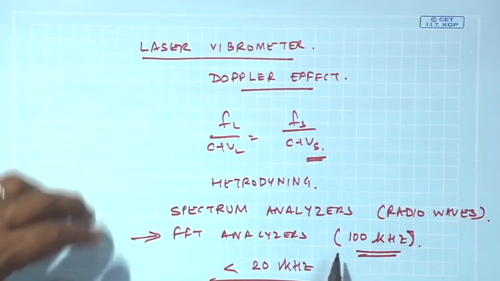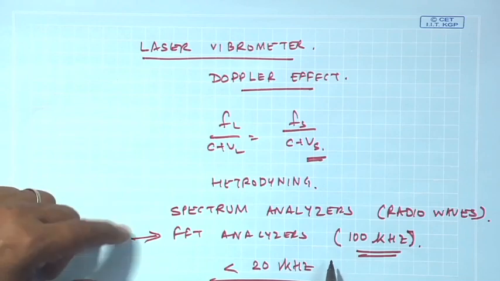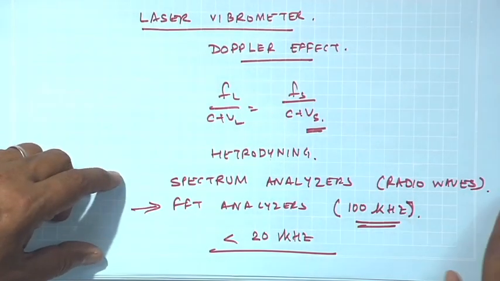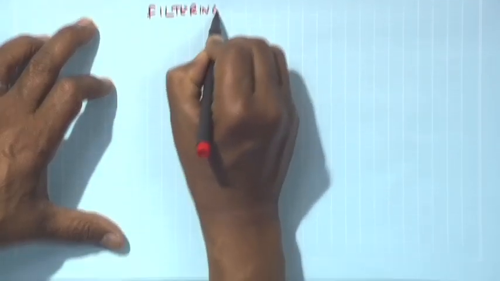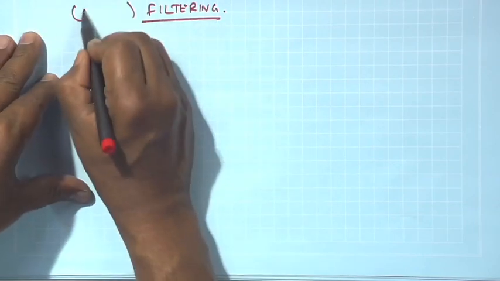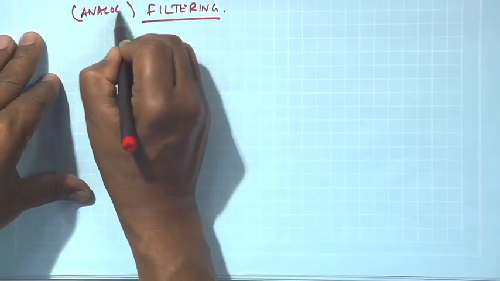And then we will see in the next class how such FFT analyzers can be used to demonstrate different signals. Of course, another technique of finding out the frequency content of a signal is through filtering. I will name it as analog filter.